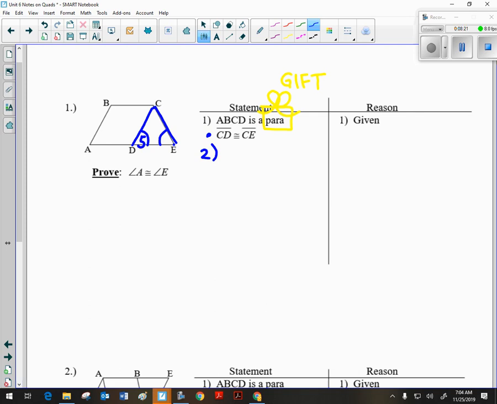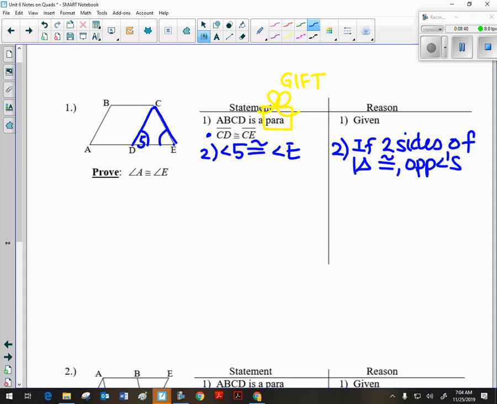Let's call it angle 5. So because of the blue line segments congruent, I will know that angle 5 is congruent to angle E because if 2 sides of one triangle are congruent, the opposite angles are congruent.